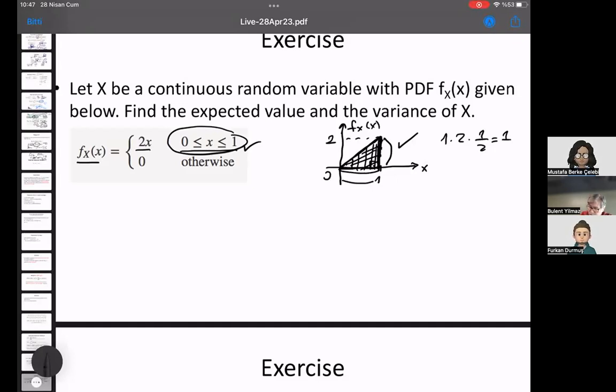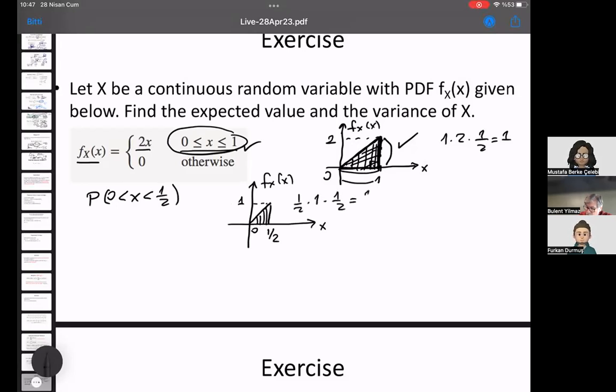Can you find out the probability of x being between 0 and 1/2? Here is the trick, arkadaşlar. It's very easy. I'm going to write 1/2 here, 0 here, x here. This is my PDF. Find out the area here. What's the area? This is 1. This is 1 over 2. 1 over 2 times 1 times 1 over 2, which is 1 over 4.